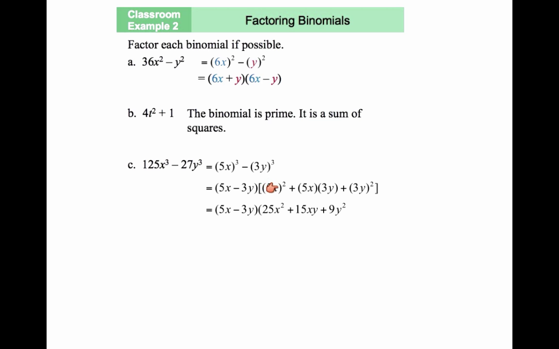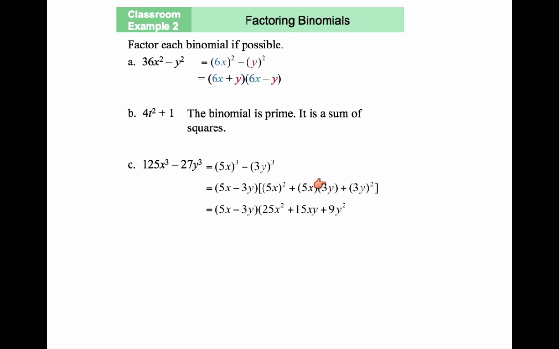And in the second parentheses, we're supposed to square the first term and square the second term and place them as the first and last terms here. First term is 5x, and when I square it, it becomes 25x squared. The second term is 3y. When we square it, that becomes 9y squared.